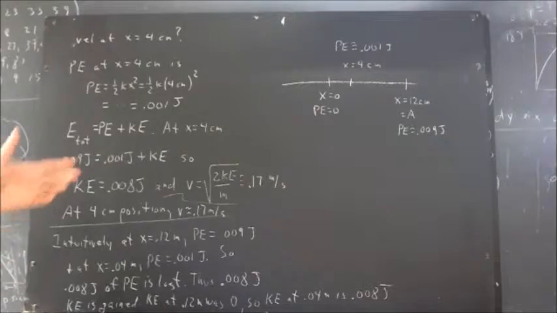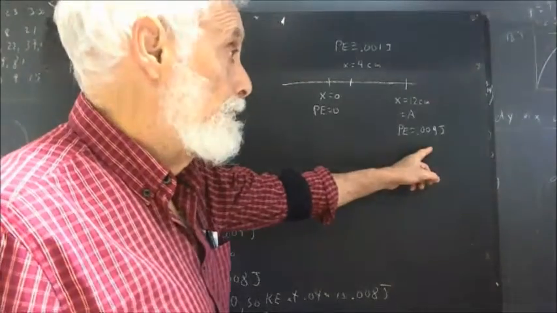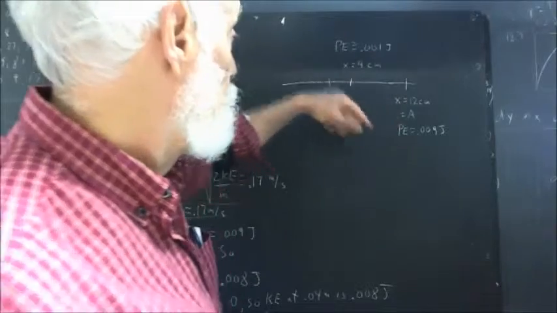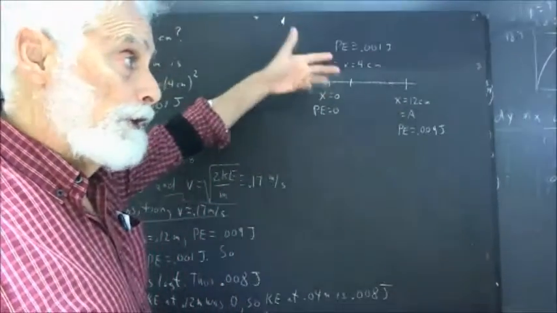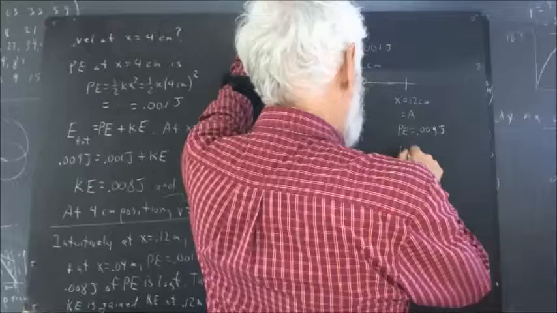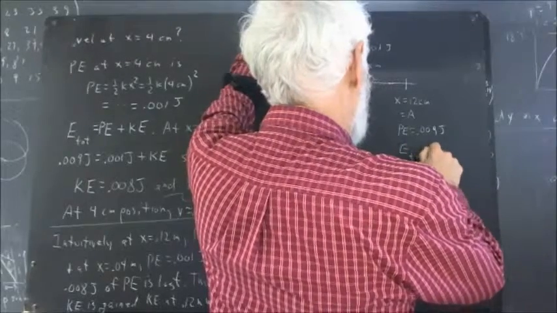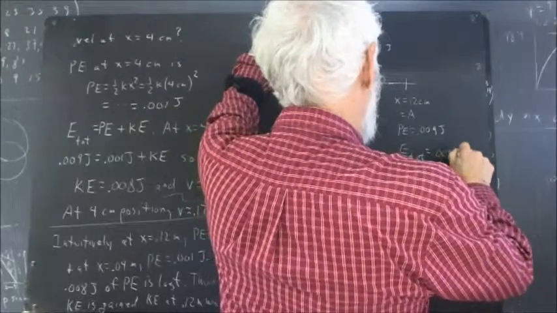So now what do we know? Potential energy is 0.009 joules here, 0.001 joule here, and 0 joules here, but the energy total is 0.009 joules.